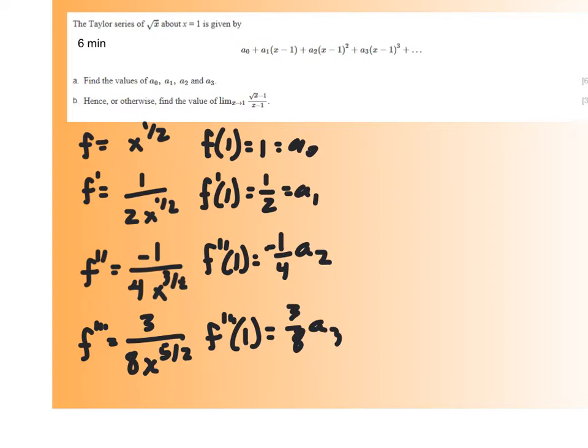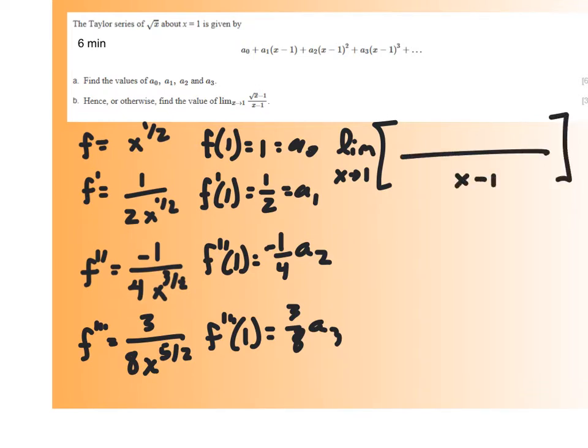If it asks you to take the limit, in this case as x approaches 1 of the following, I'm going to leave the denominator alone, and I'm going to approximate just this piece, the square root of x, to be the polynomial that's formed using this Taylor series.